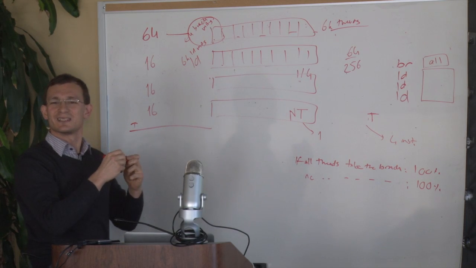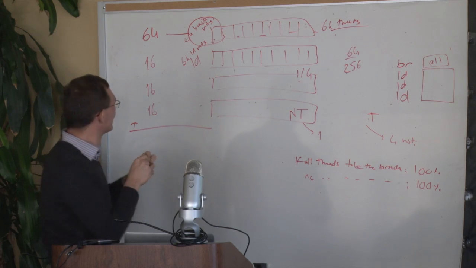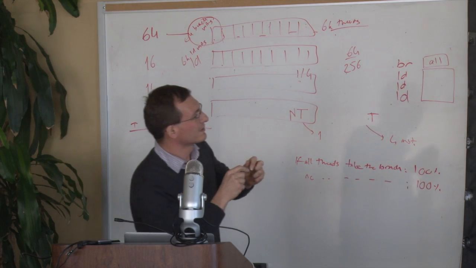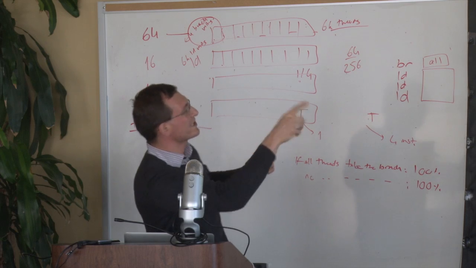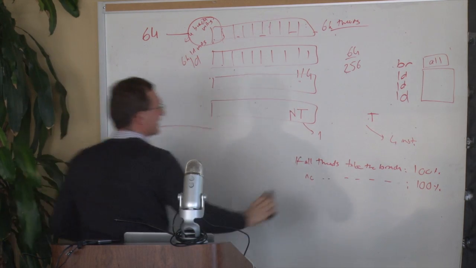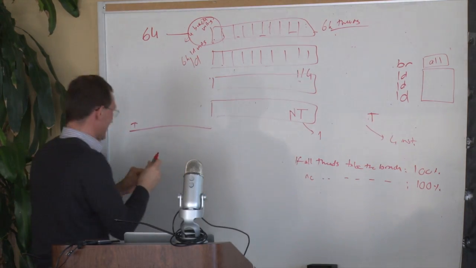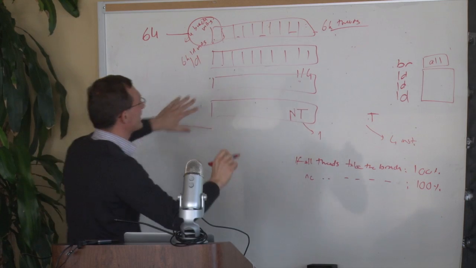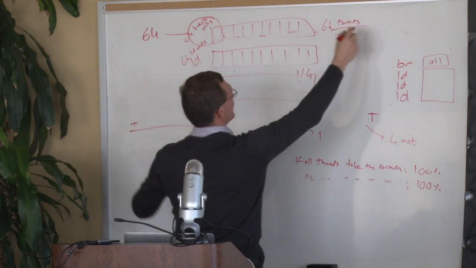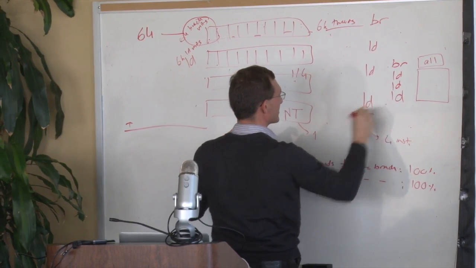Did I do this right? Maybe it should be 17. Oh, 67. Sorry, I made a mistake. OK, well, let's go back. So let's think about this, right? You're executing 4 instructions for each thread: branch, load, load, load.